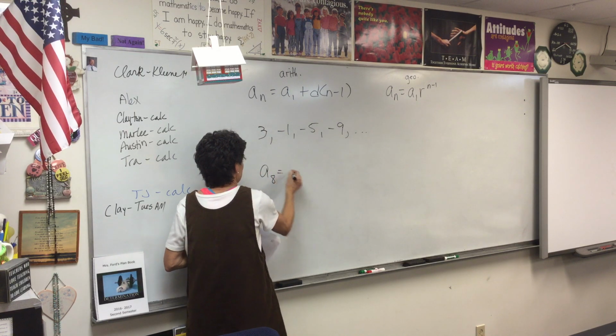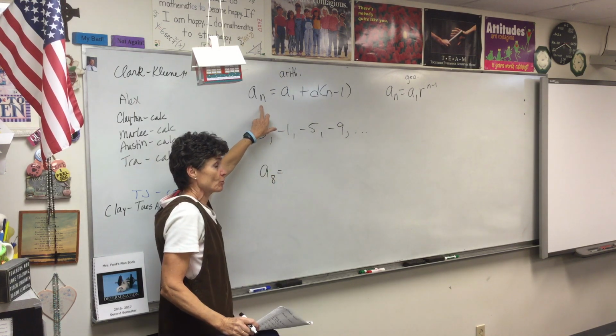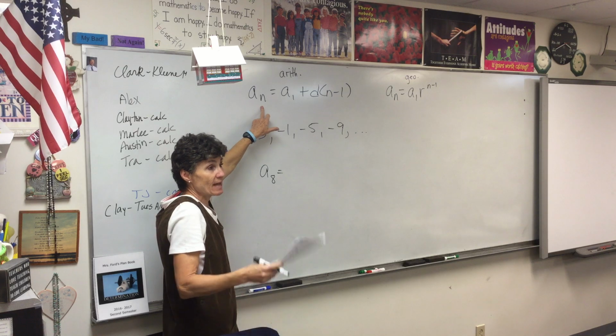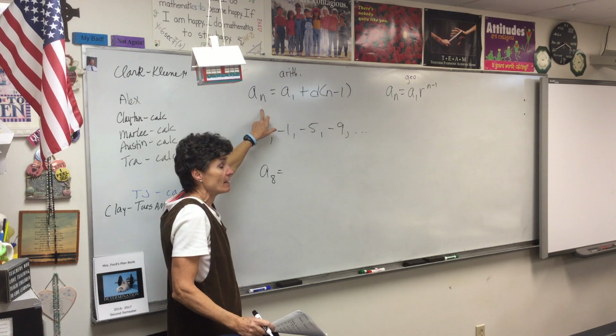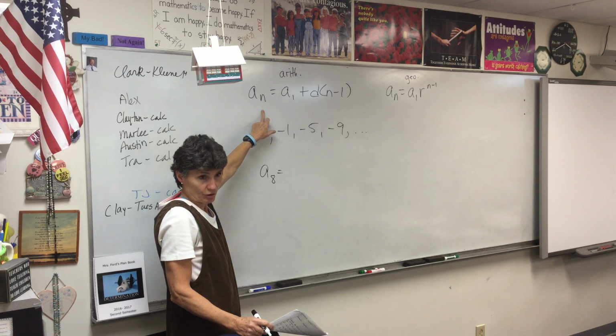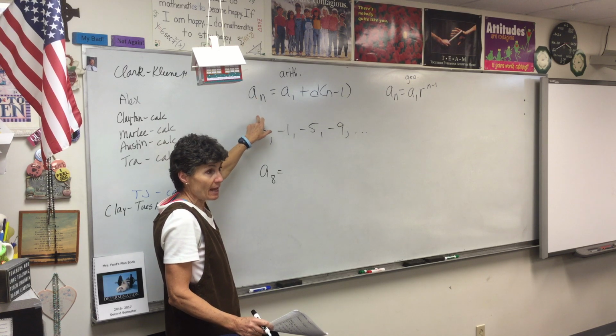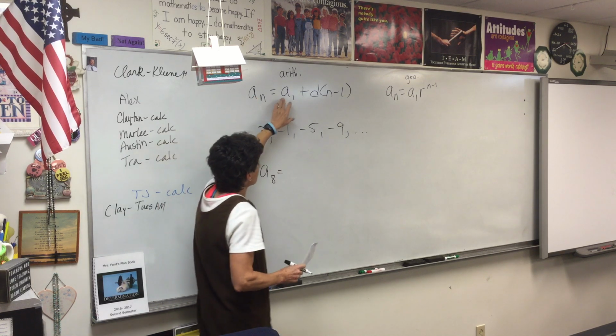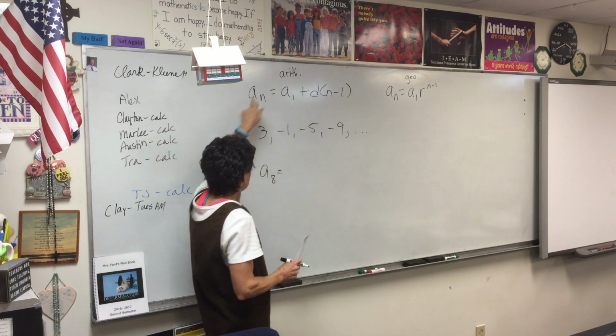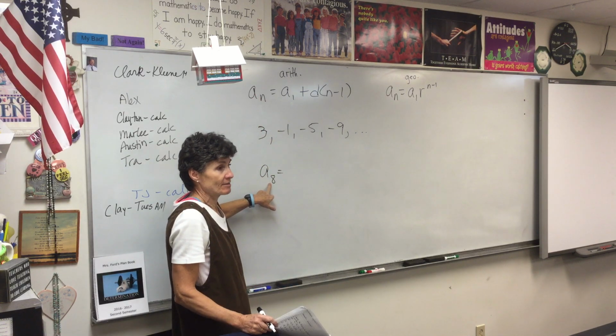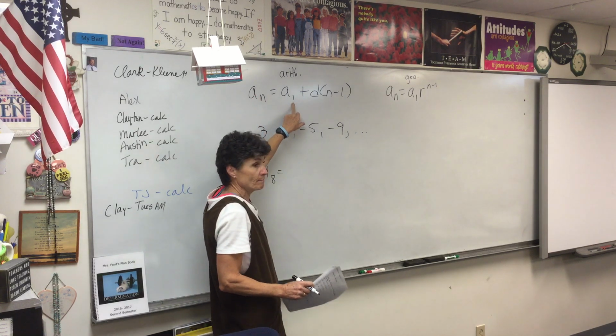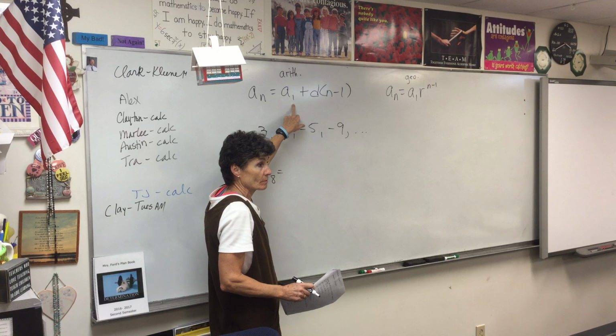n is the number of terms. So if I say find the 8th term, it's a sub 8. If I say find the 80th term, it would be a sub 80. If a sub 8 is the 8th term, what's a sub 1? First term.